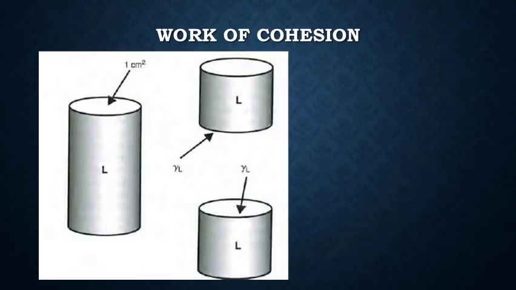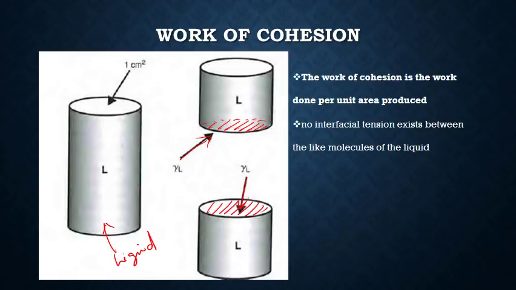So what is the work of cohesion? When we have a single matter, for example, here is the liquid, you generate the new area, which is here, as well as the one here. The work of cohesion is the work done per unit area produced. When you have a single liquid, there is no initial interface.